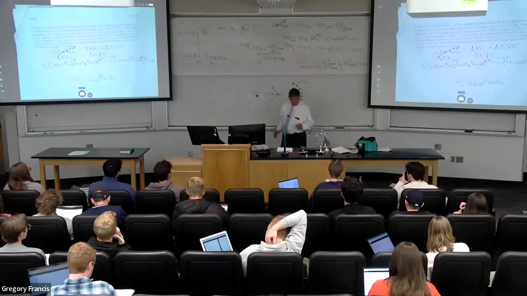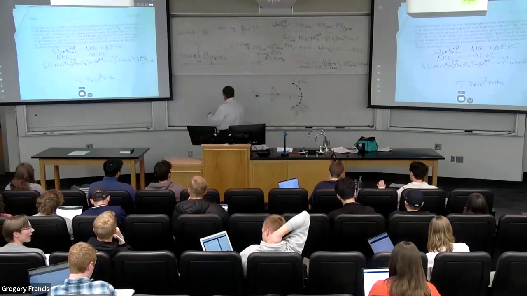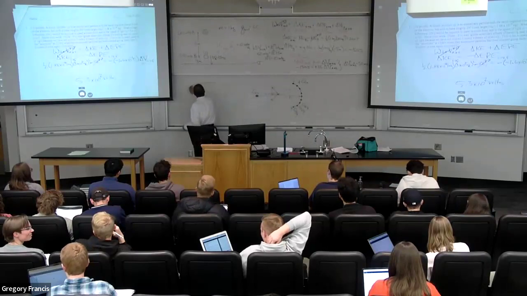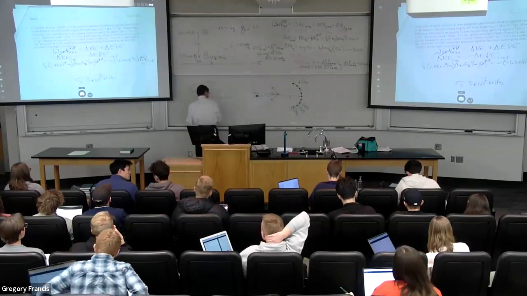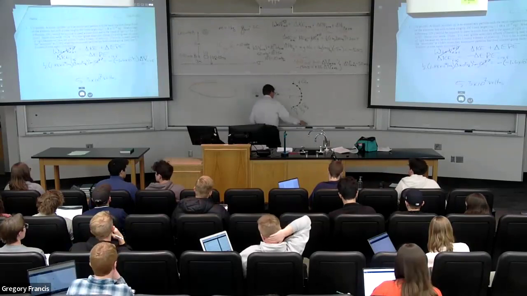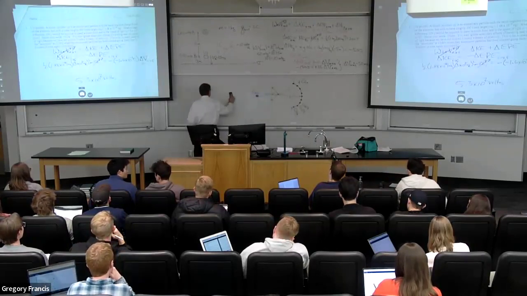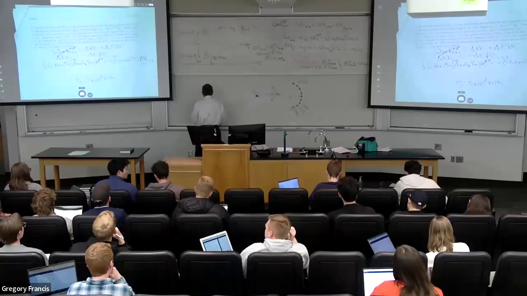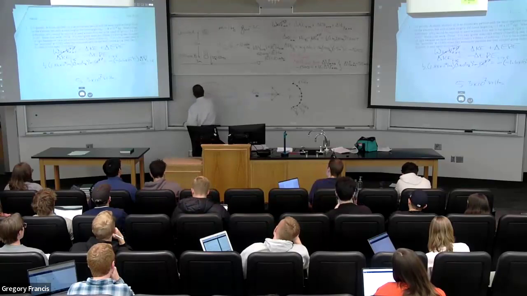I set up a piece of metal that had a pointy end, and oh man, that's just not a good drawing. So I set up a piece of metal that had a pointy end.